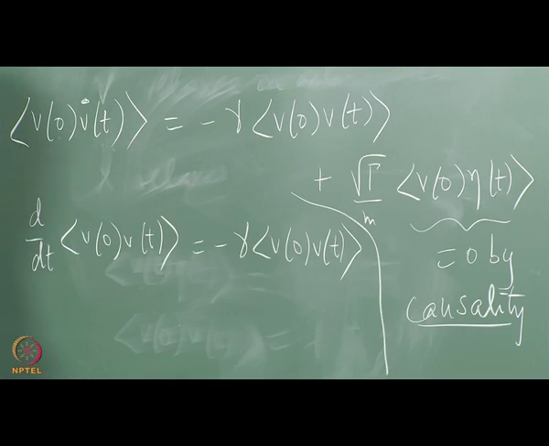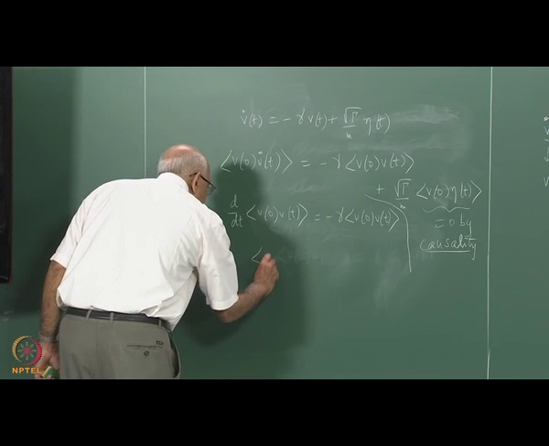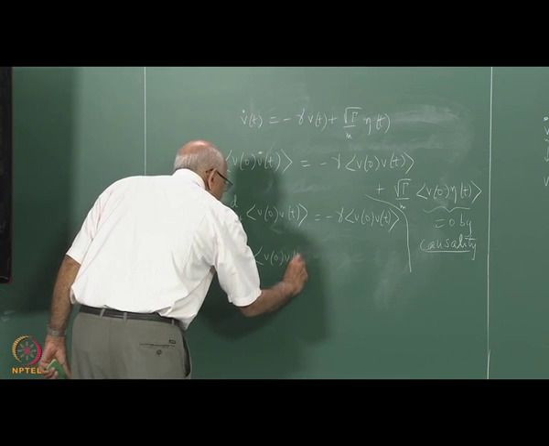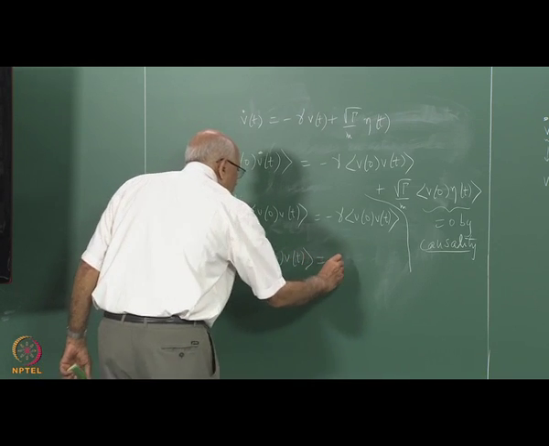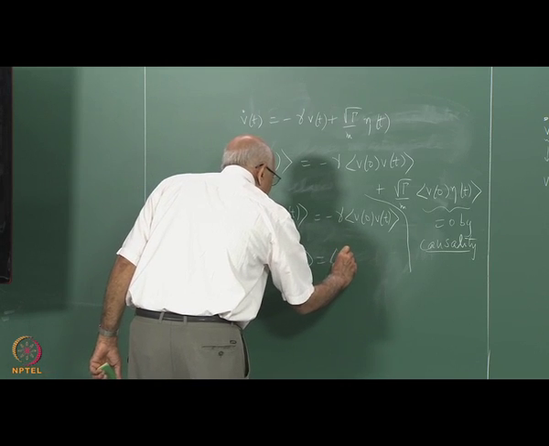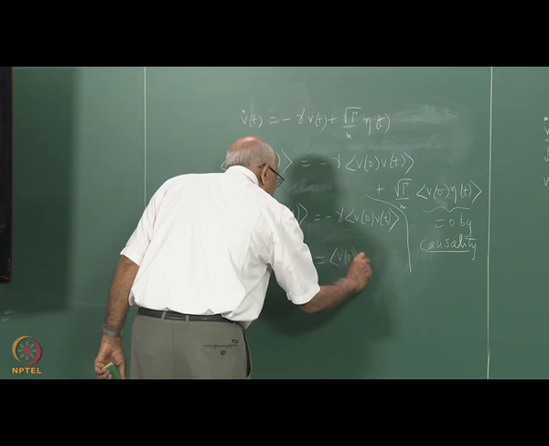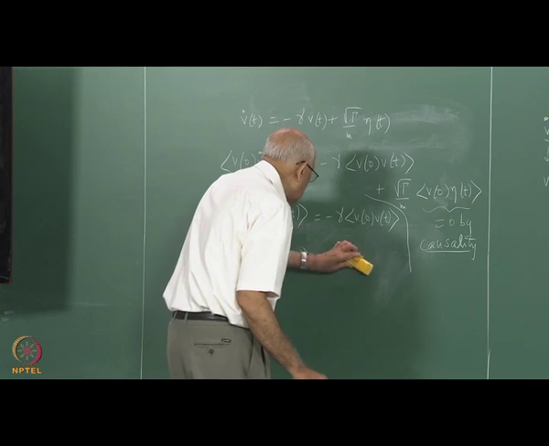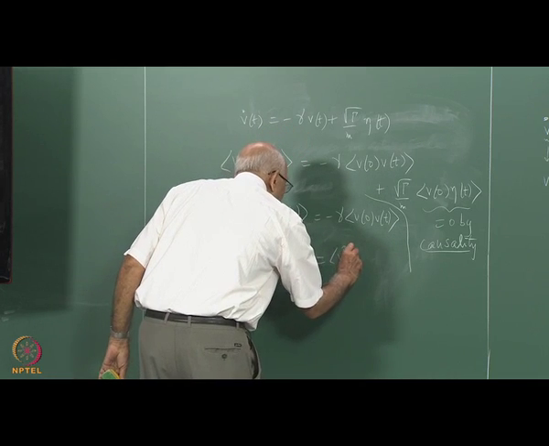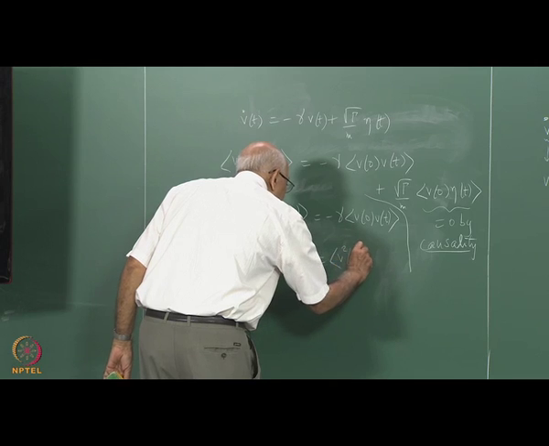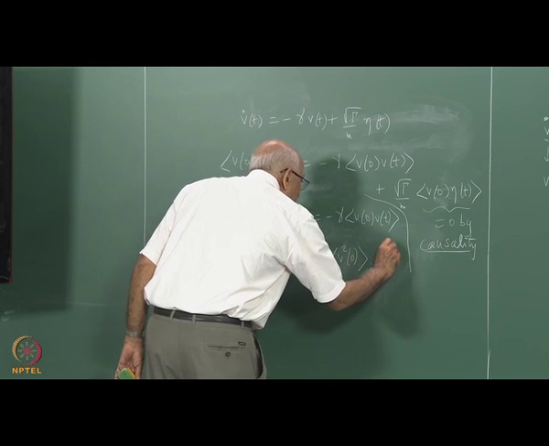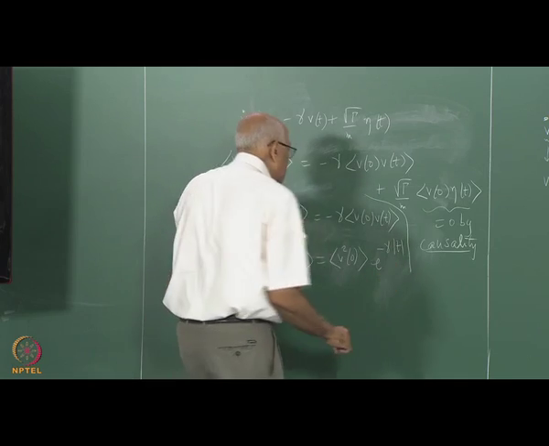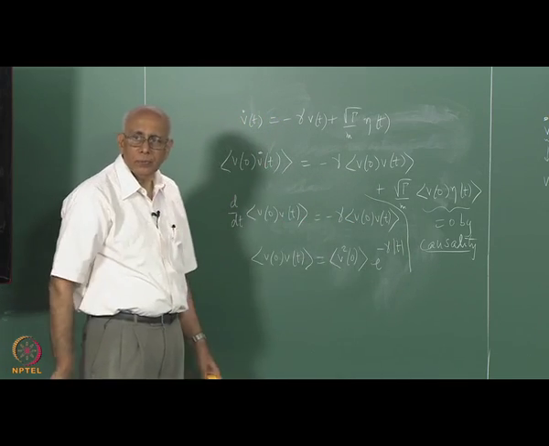Okay. Which immediately says that V of 0, V of t should be equal to V of 0 squared, that is the initial value, e to the minus gamma modulus t, because we have written this equation for t greater than 0.